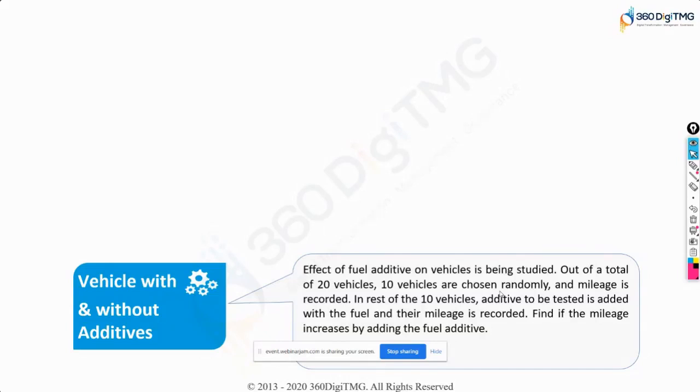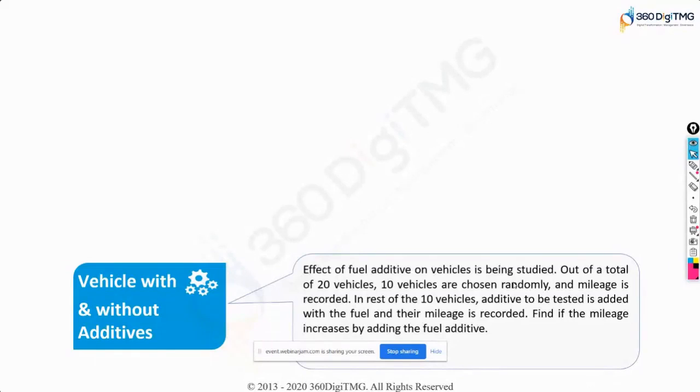So randomly, 20 vehicles were taken. Out of these, 10 vehicles were chosen again randomly, and the mileage of these 10 vehicles and the other 10 vehicles was recorded separately. In the first 10 vehicles, regular fuel was added and the mileage was recorded.